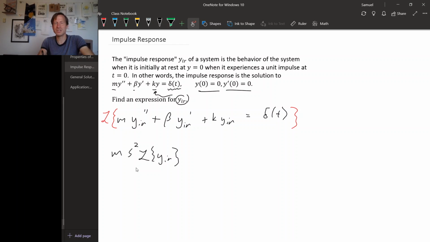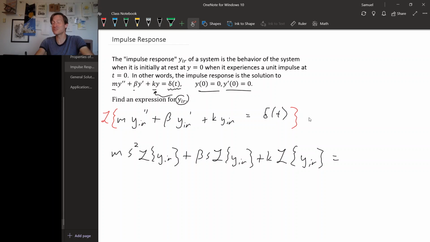The two terms that you get for y of 0 and y prime of 0 are both 0, so they disappear. Plus beta times the Laplace transform of the first derivative is s times the Laplace transform of y sub impulse response, again because the term that involves the initial conditions is 0, plus k times the Laplace transform of the impulse response equals the Laplace transform of delta.